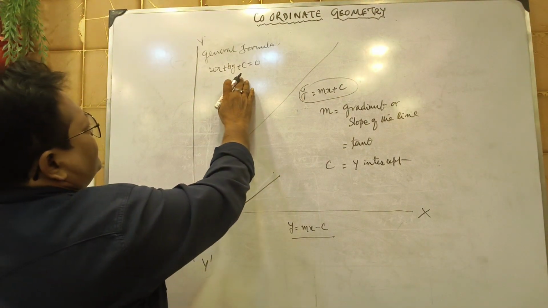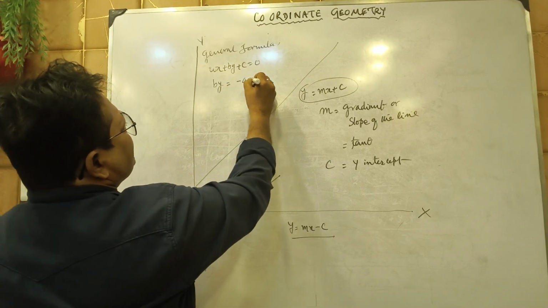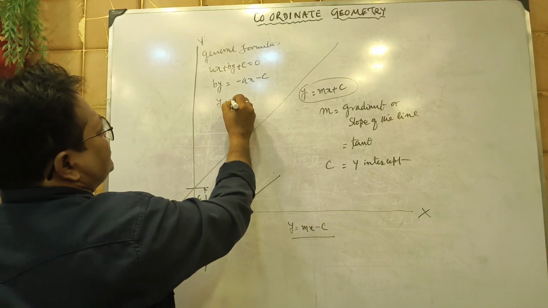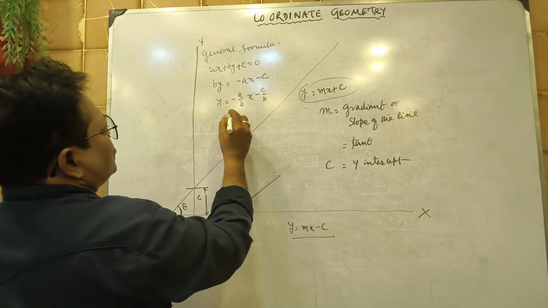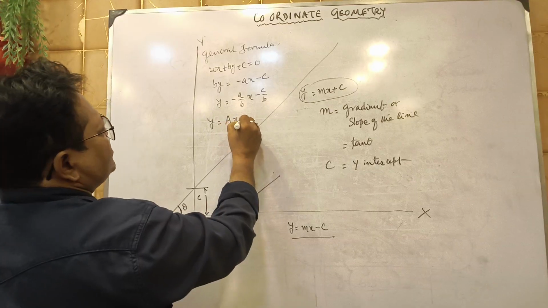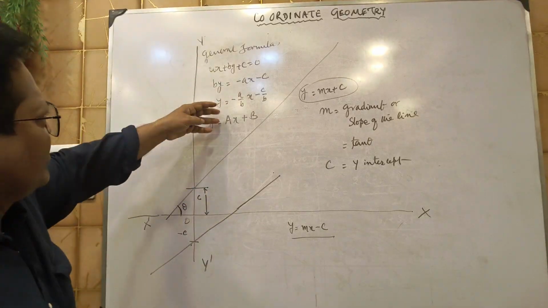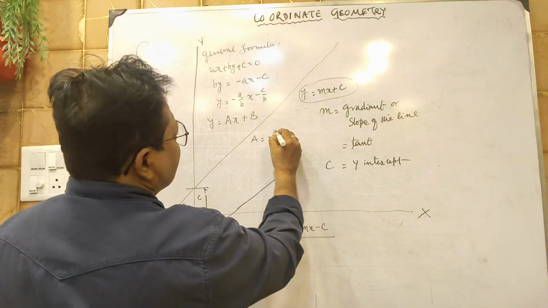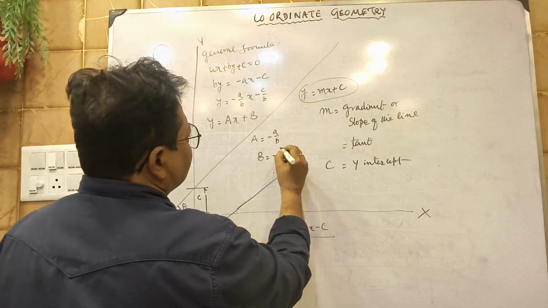You write it in this way: by is equal to minus ax minus c, and dividing both sides by b, you get y is equal to minus a by b into x minus c by b. So it can be written as y is equal to mx plus c, where m is equal to minus a by b and c is equal to minus c by b.